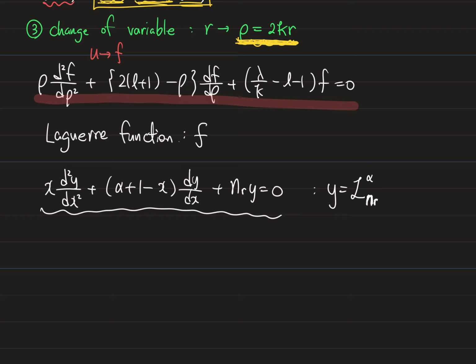So now we are going to compare the well-known expression of the Laguerre equation, the second equation, with our differential equation. So you may easily realize that rho corresponds to x, right? And f, your function, corresponds to y.